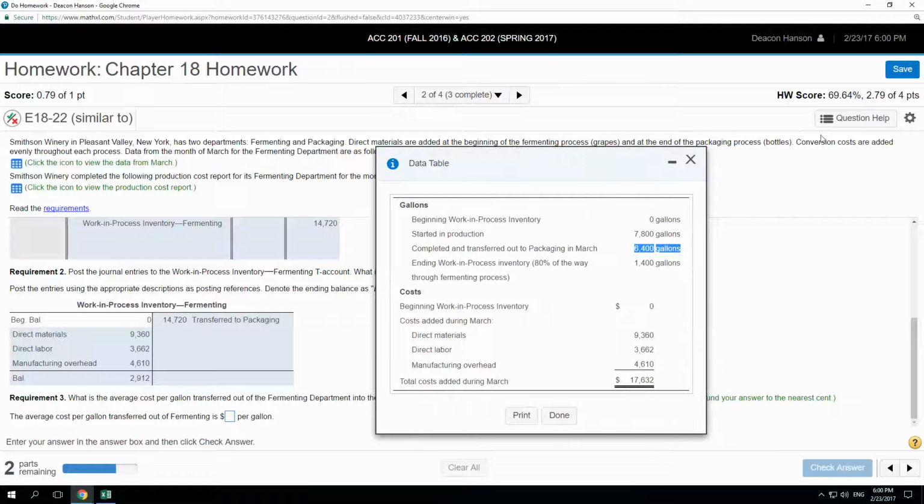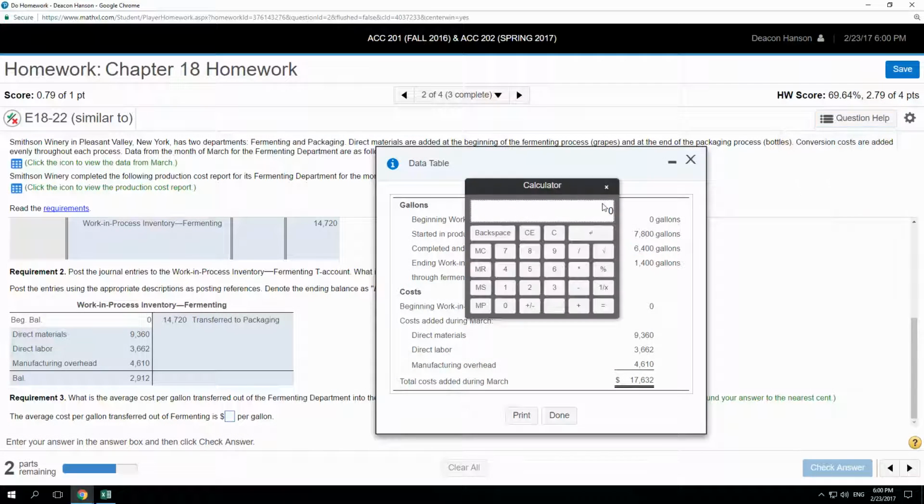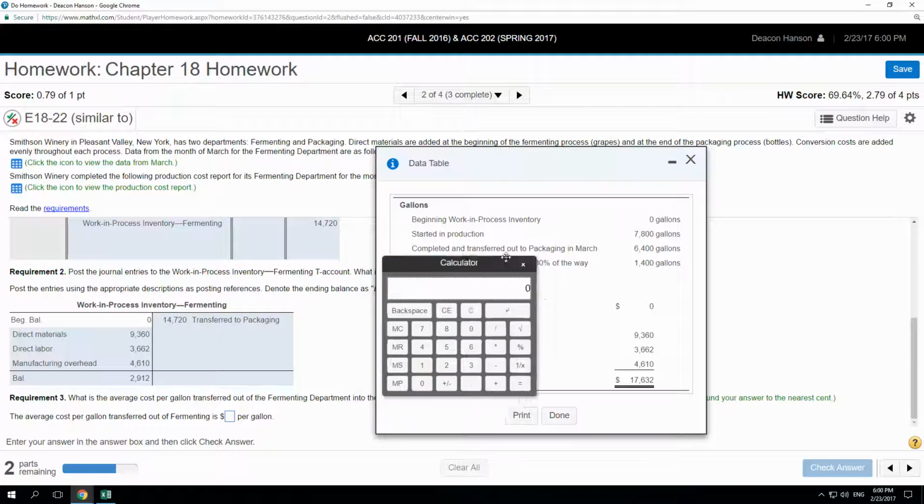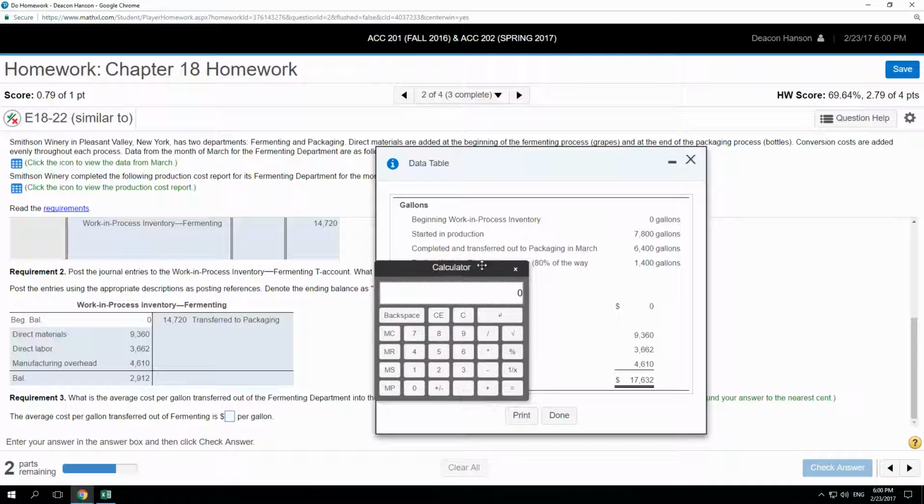So logically, I'm thinking we can take the 14,720 and divide it by the 6,400 gallons. And we got $2.30 per gallon.